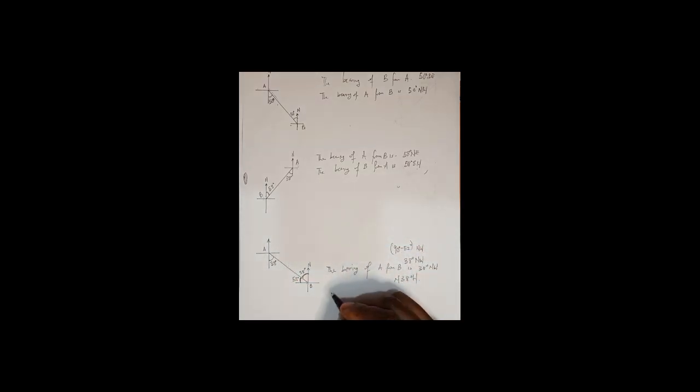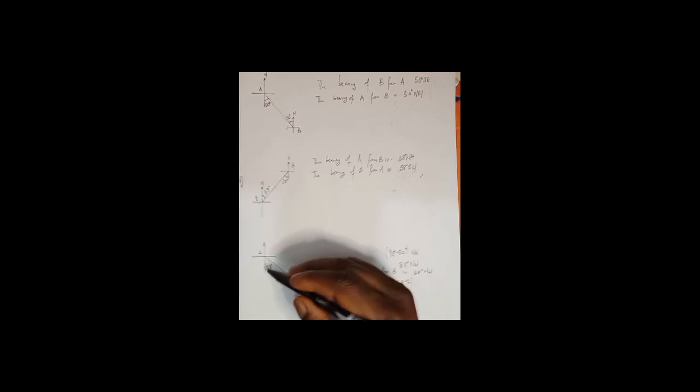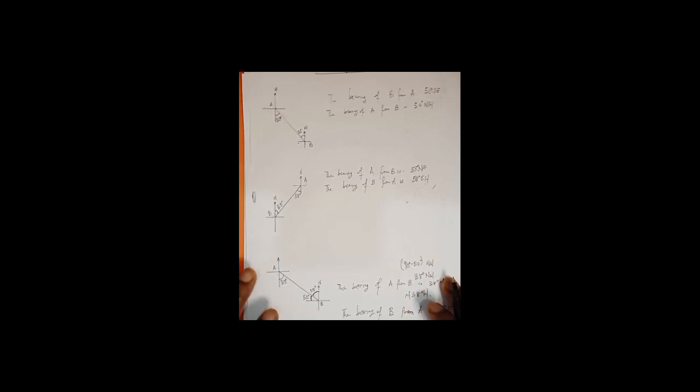And so the bearing of B from A, that means I want to go to B from A: B is in what direction to A? Southeast. Then at what angle from the south? 38 degrees. So that's how we locate our compass bearing from two different positions.